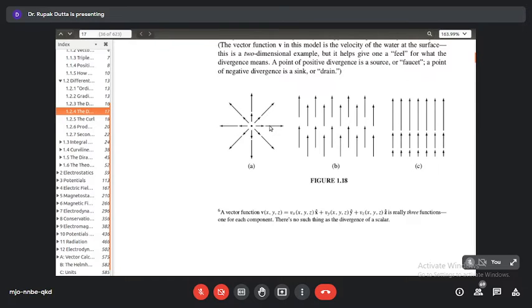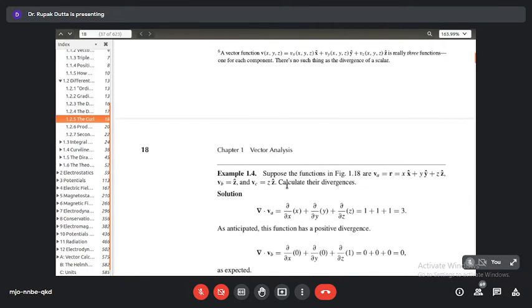So the minus sign represents decreasing magnitude, no, sir? When you find the divergence, it gives you a scalar quantity. So if it is minus, it tells you mainly about the magnitude itself.